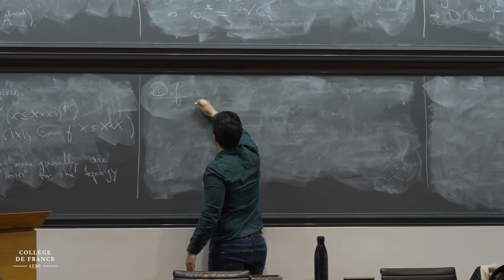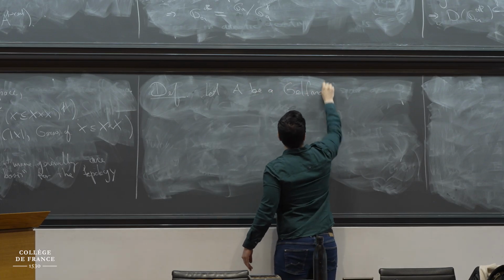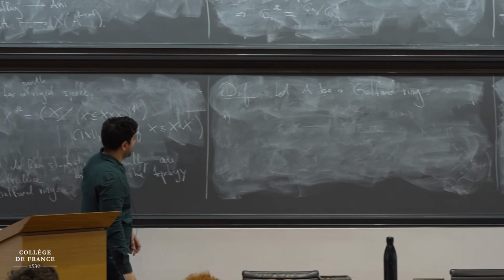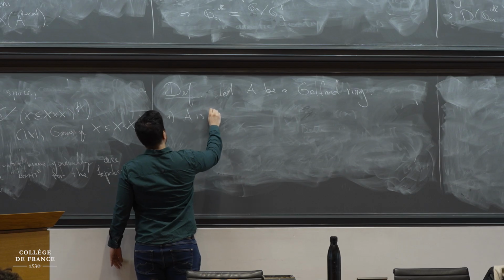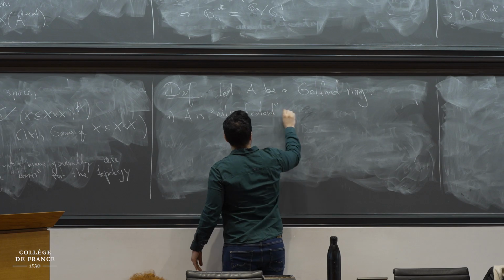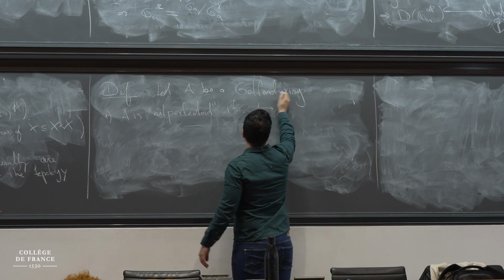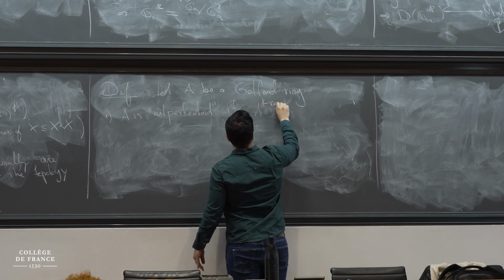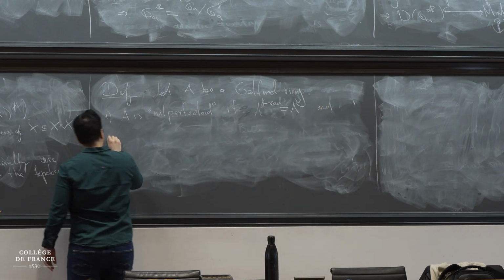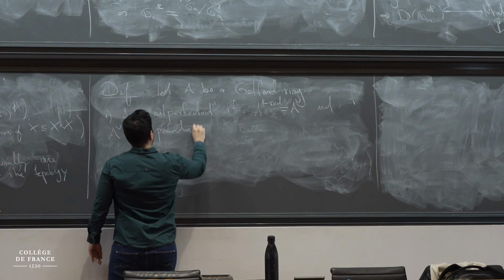So a Gelfand ring A is called nil-perfectoid if the uniform completion agrees with the dagger reduction, and this Banach algebra is a perfectoid Q_p-algebra.